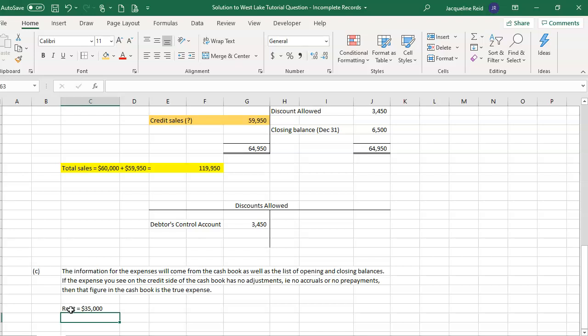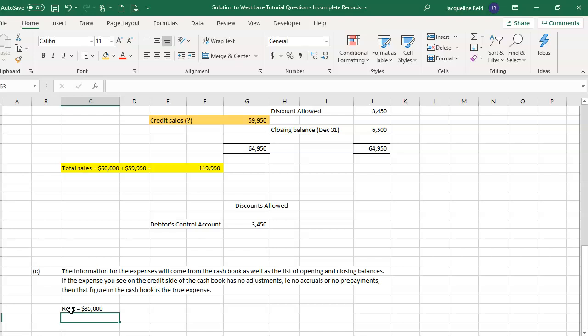Now, even though the question did not ask about rent, I thought I should throw it in here because when we reach the last question, you will have to know this piece of information in order to properly complete your trial balance.